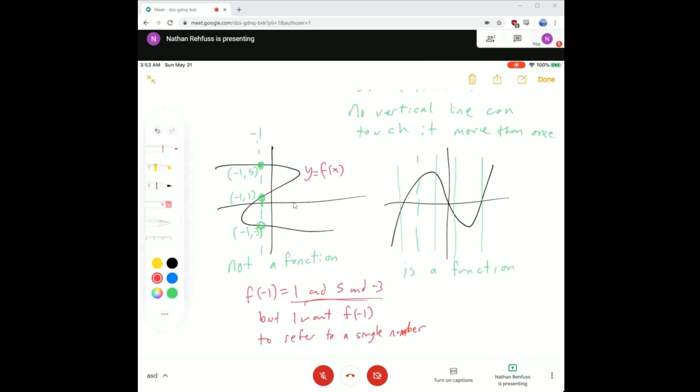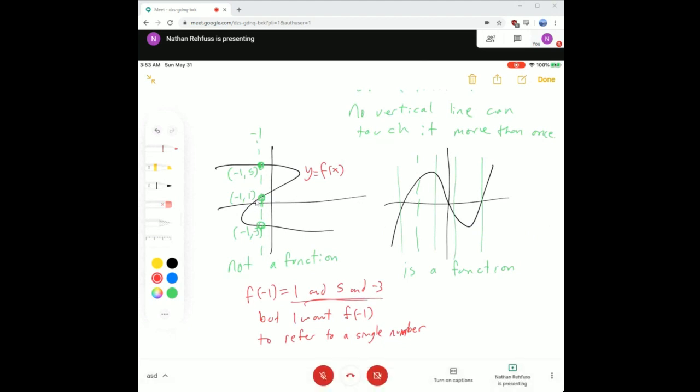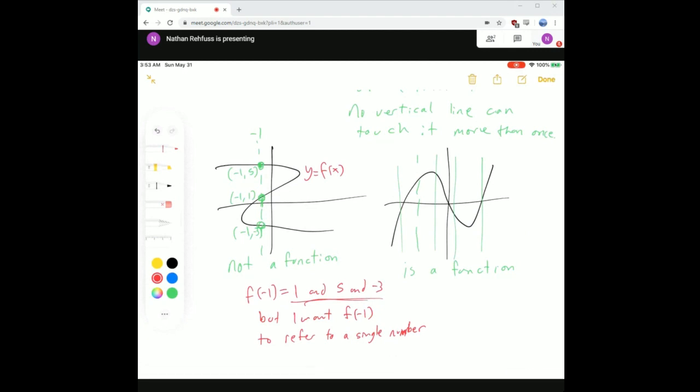So this is not okay. But this is fine. Here, each input has one specific output. We call graphs that don't satisfy the function definition relations. You can use a relation to just describe a bunch of points that you want to talk about on the plane.